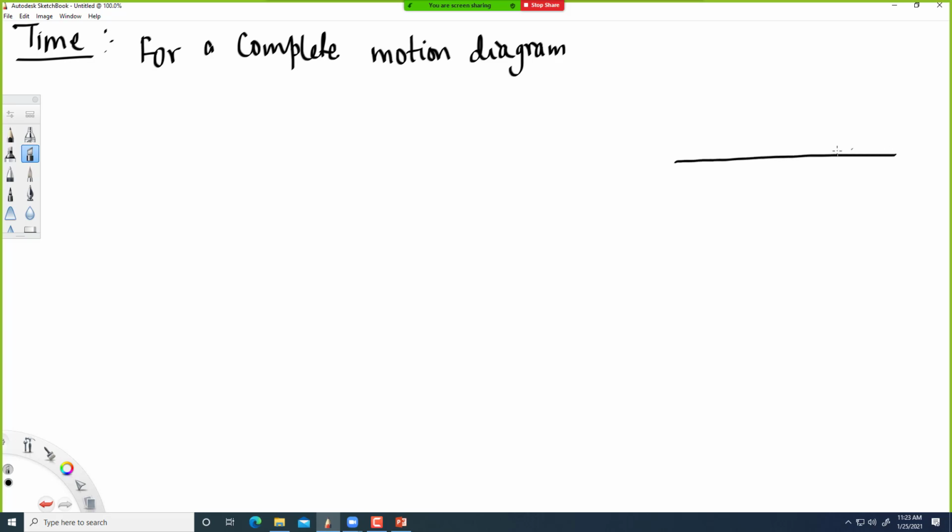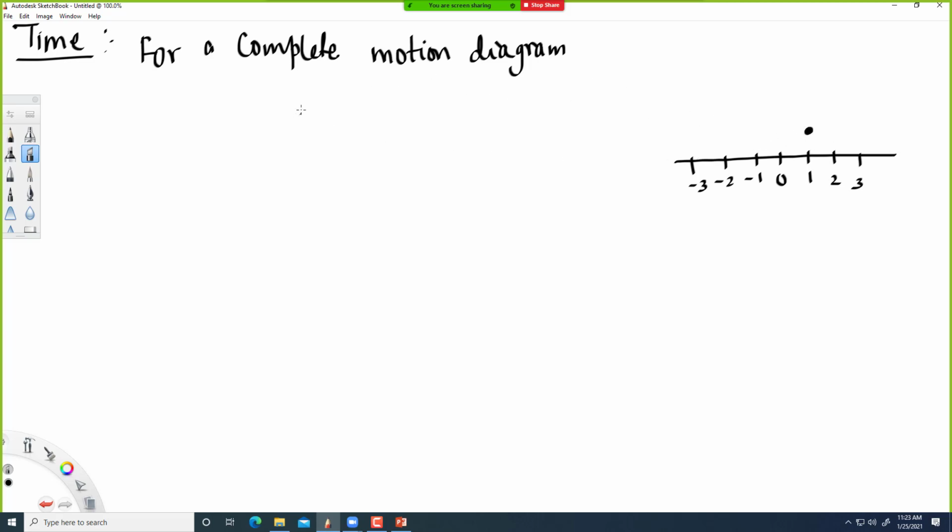We have 0, a bunch of positives, a bunch of negatives, and I can say I am here, that's my position. But if I want to know how fast I am moving or whether I am moving or not, I also need to bring time into this picture.